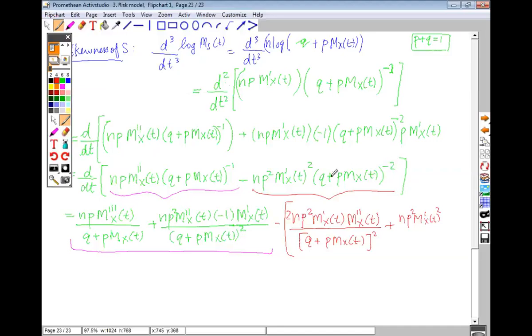And I'll have to differentiate this thing now. So -2 will come outside. So -2 upon this thing with a -1 here. So what I will have is (q plus p mxt) raised to 3. And what will I have? Again p. So this will become p cube. And again m prime of xt. So this will also become cube again.